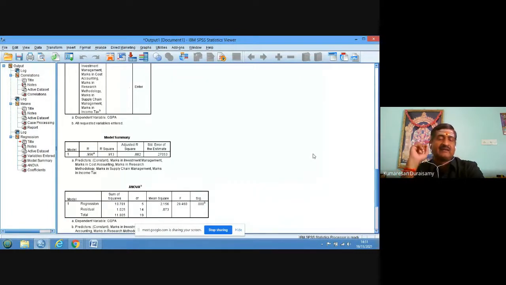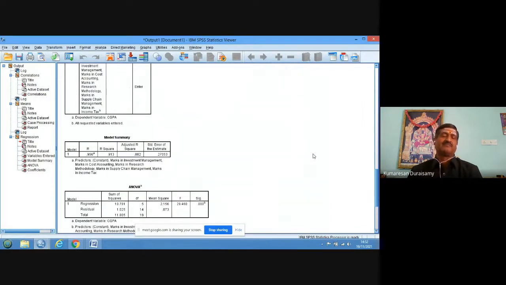So here 0.913. It means these 5 subject marks collectively or together impact the CGPA to the extent of 91.3%. That is 0.913.